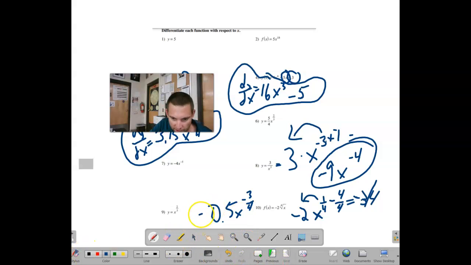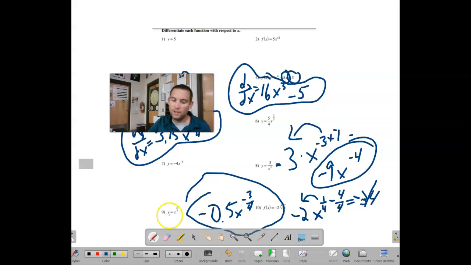Of course, don't forget your negative here. I think that's right anyway. If not, let me know. That's it. Next up, secret shortcut number 2.